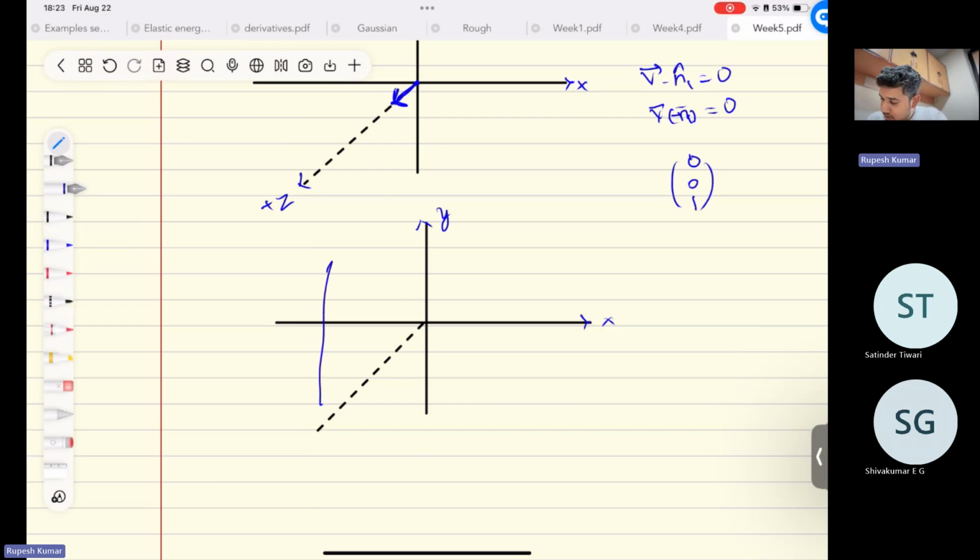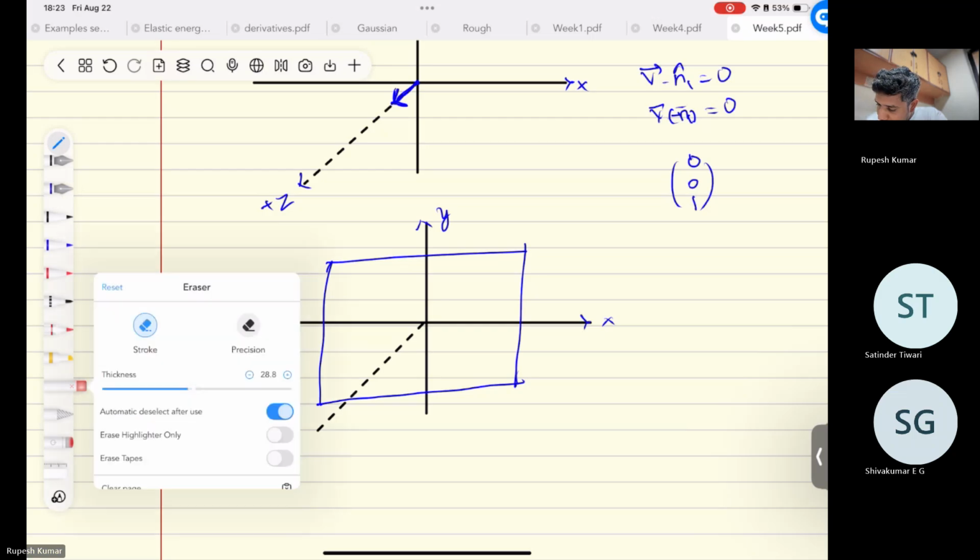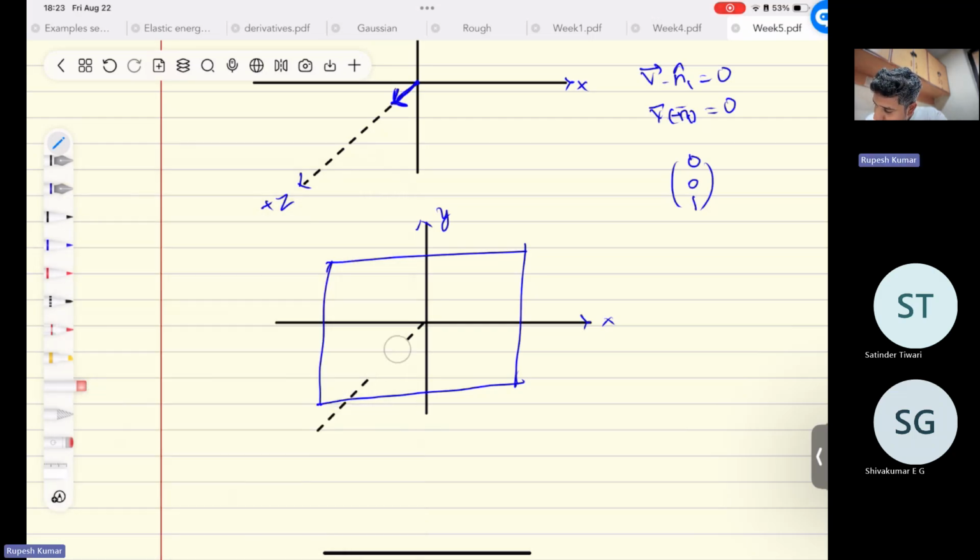So this will be the plane that hits the z axis at some point, let's say here, and this is z equals 1. Fine, this is a new plane. Again, what can be the normal for this plane? The normal can be 0, 0, 1.